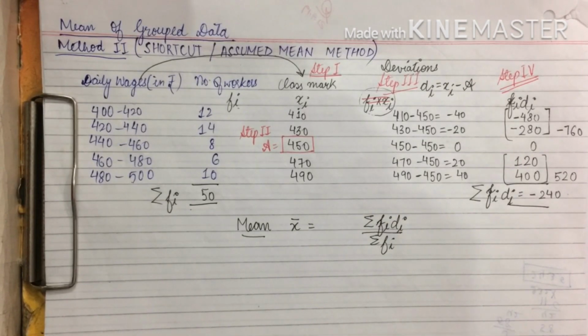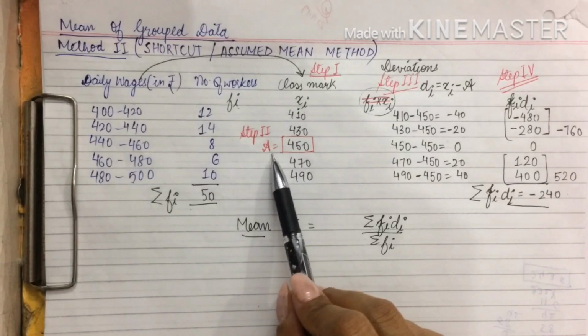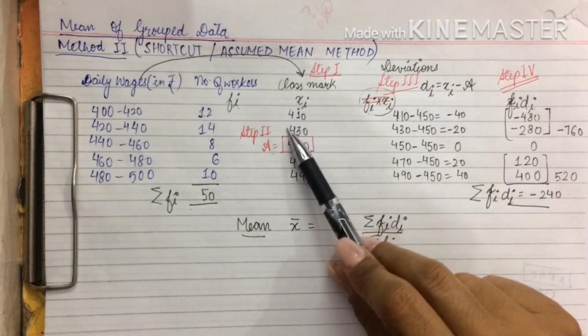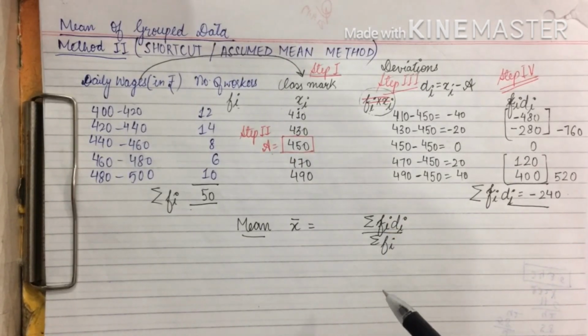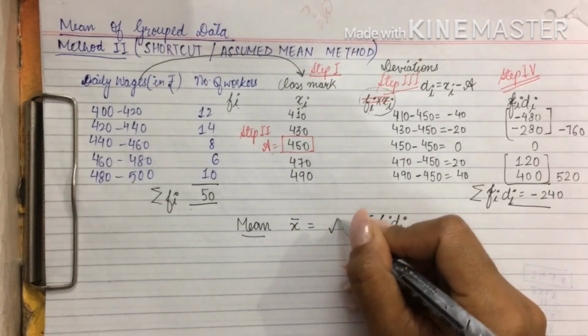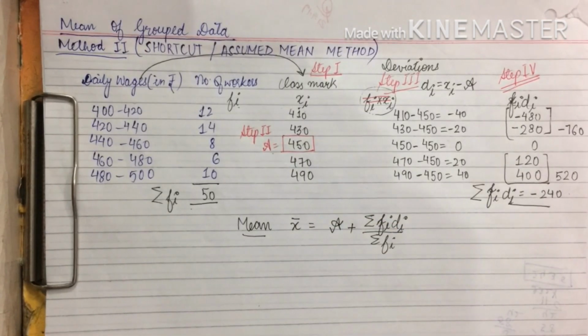A slight change here: I had a value as assumed mean, and I subtracted this value from all of these xi's. I need to make that adjustment here, so the value which was subtracted will be added back. So I'll be adding the assumed mean back to this quotient. This is how I'll be using the shortcut method.